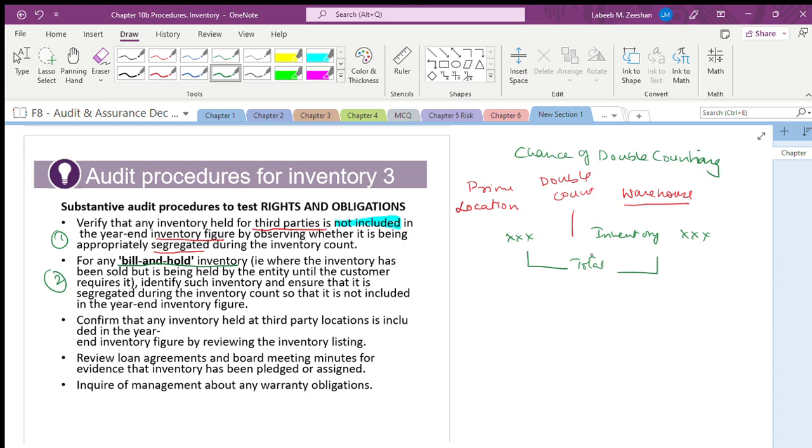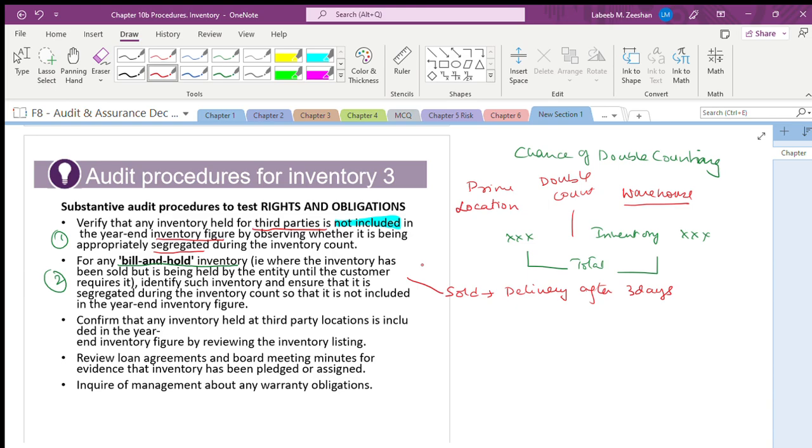Assume, very simply, how it will work: when you have sold it, they will say the delivery will be after 3 days. Till then, the inventory will be with you.